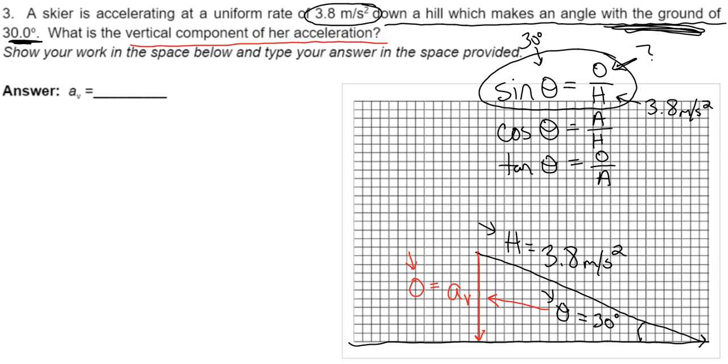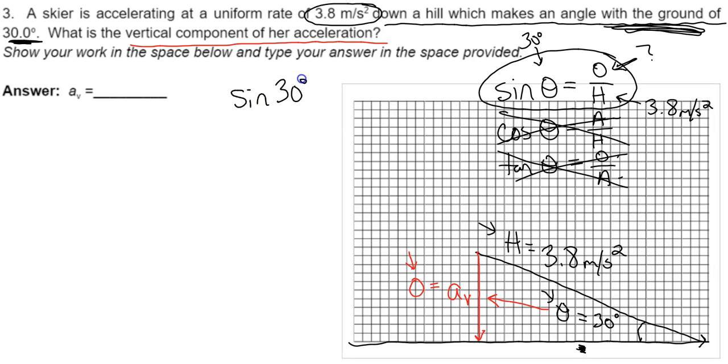We don't know the adjacent side and we don't care about it for this problem, because it would give us our horizontal component, so we don't use cosine. And since we don't know either the opposite or the adjacent side, we really can't use tangent. So the trig function we're going to use is sine of theta equals opposite over hypotenuse.